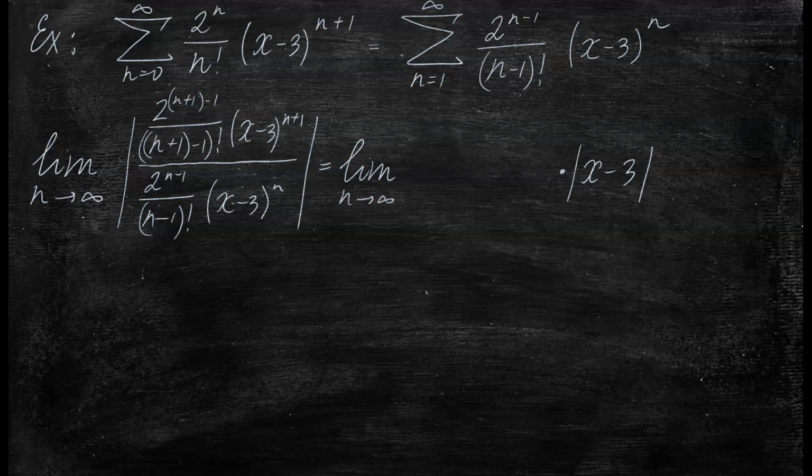So this particular limit, we have to reduce quite a bit here, so we're going to have 2 to the power n times n minus 1 factorial divided by 2 to the power n minus 1 times n factorial. And we don't need the absolute value here because everything is positive.